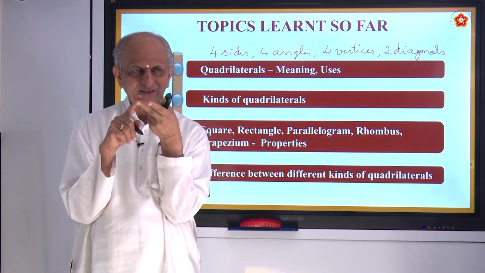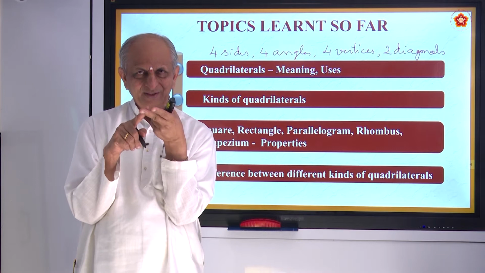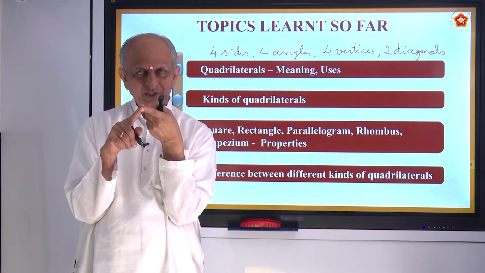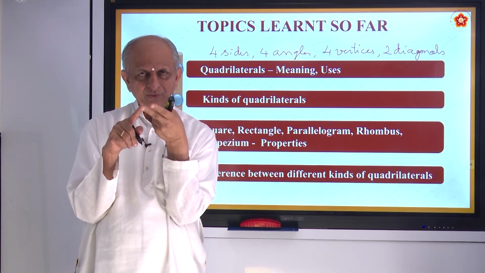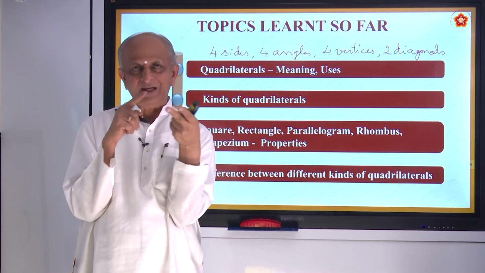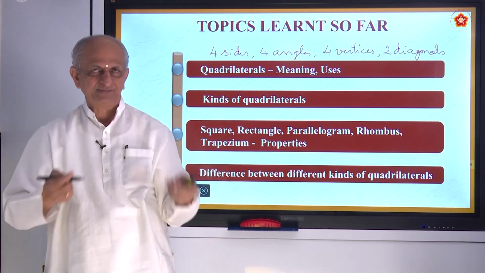In a rectangle, the diagonals bisect each other but not at right angles. In a parallelogram, the two pairs of opposite sides are equal. In a trapezium, one pair of opposite sides is parallel. Like that, you must be able to tell the difference.